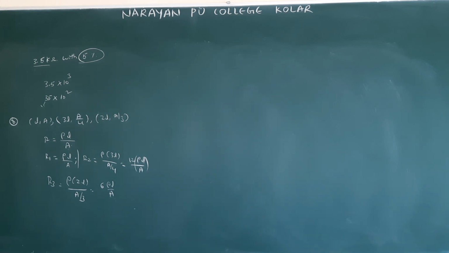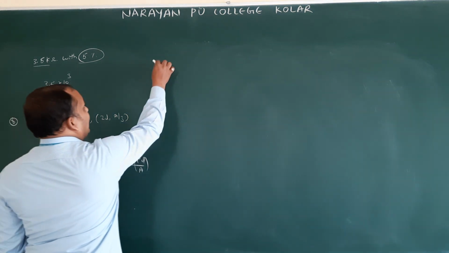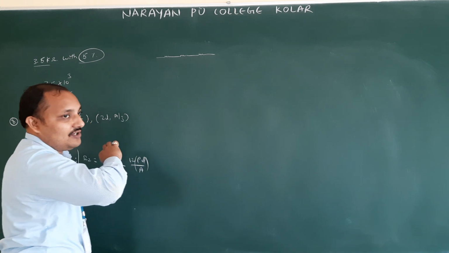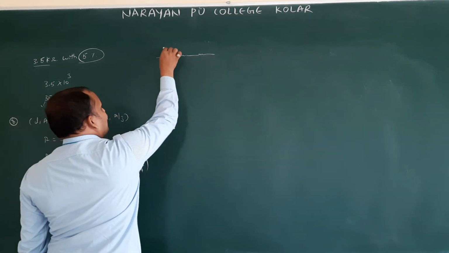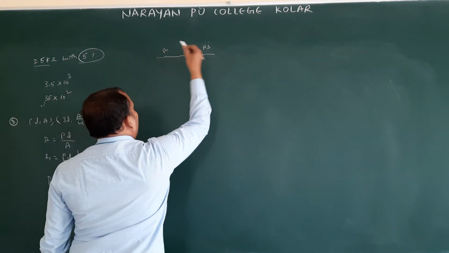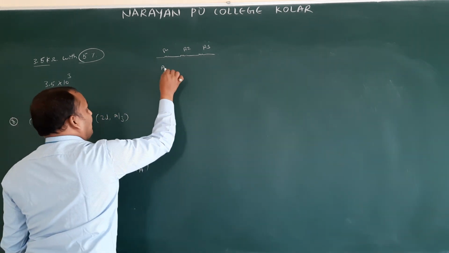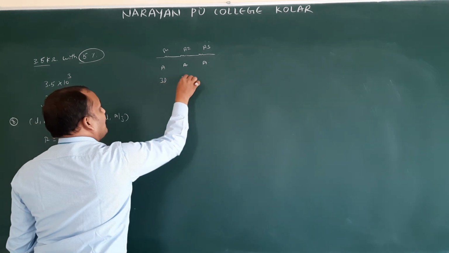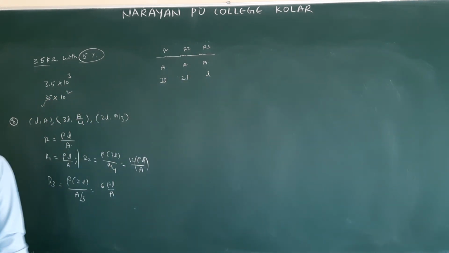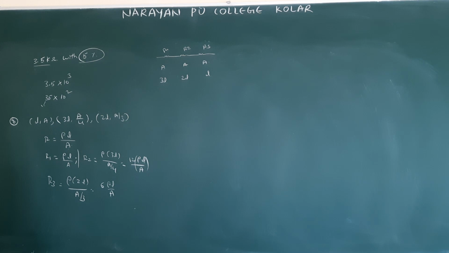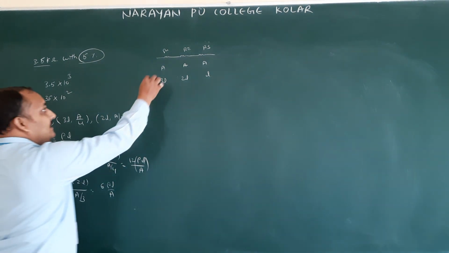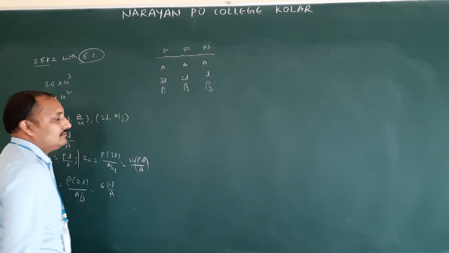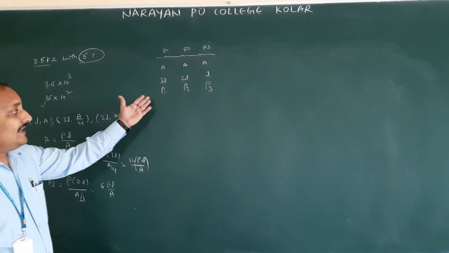Three wires are connected, and each wire has some resistance. We take them as R1, R2, R3. The area is the same, the lengths are 3L, 2L, L, and the resistivities are rho 1, rho 2, rho 3. Then what is the equivalent resistivity?